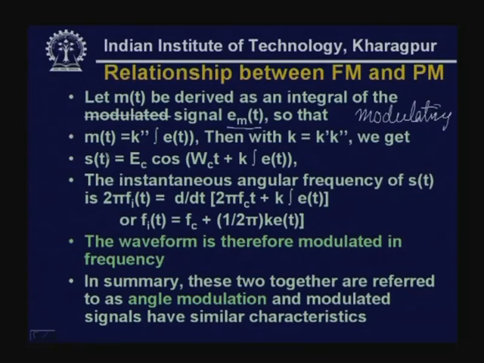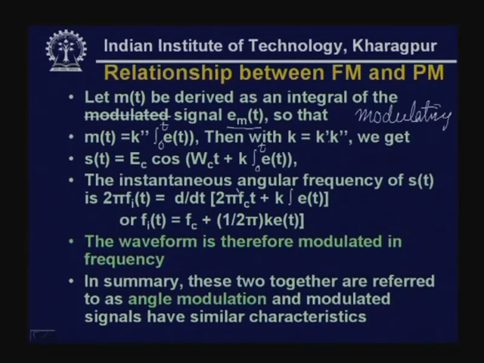So, m(t) can be written as k'' times the integral from 0 to t of e(t), and with k equal to k' into k'', we get s(t) is equal to E_c cos(ω_c t + k times the integral from 0 to t of e(t)). So, we can replace the m(t) here with this value. This has been substituted in the previous expression and we get this expression.